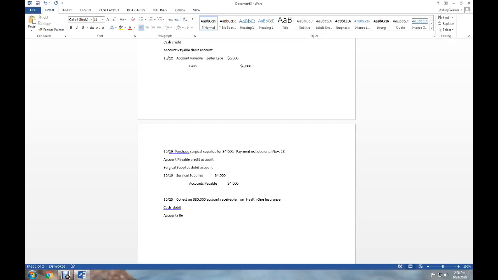So our other account is going to be accounts receivable. Let's go ahead and put in Health 1 just to clarify which account. An accounts receivable is an asset, and it's going to decrease because Health 1 no longer owes us this account balance. So we're going to credit that account.